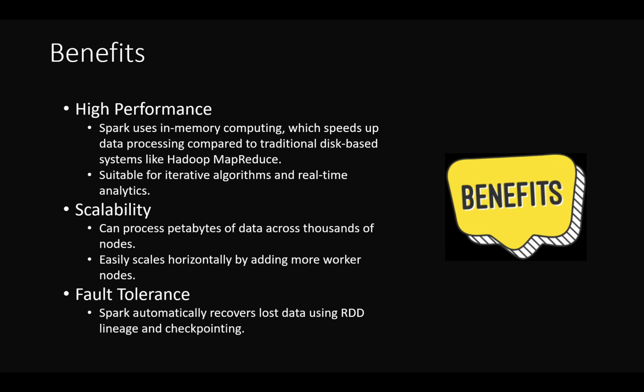Then scalability. Spark is meant for the big data world, and it is meant for processing a huge amount of data. Hence it can process in parallel petabytes of data across thousands of nodes. There is the possibility of horizontal scaling. Vertical scaling has its own limitation. When we say vertical scaling, it means we are scaling the memory and compute power of a machine.